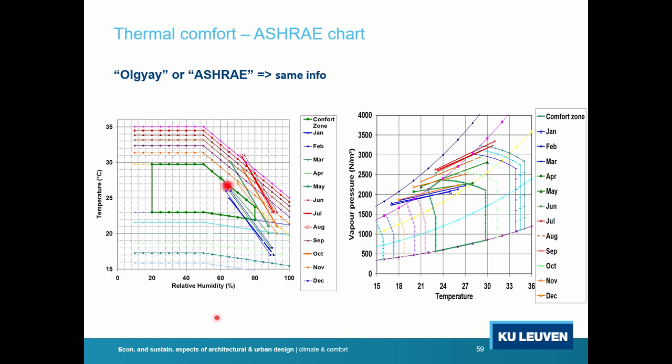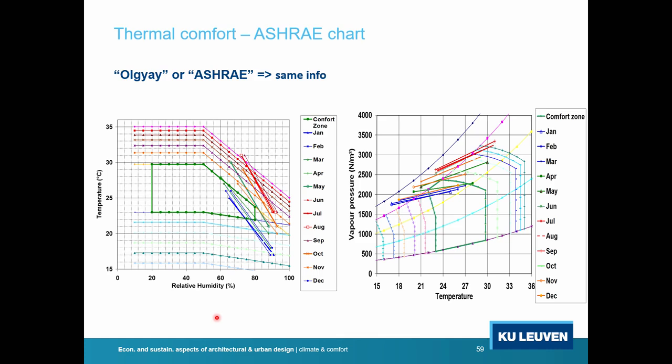So what you see, you have one line for each month. So for January, February, March, April, May, you have one line. Each line consists of 3 dots, the minimum and the maximum, and then the average in between. And that comes automatically from the Excel file.